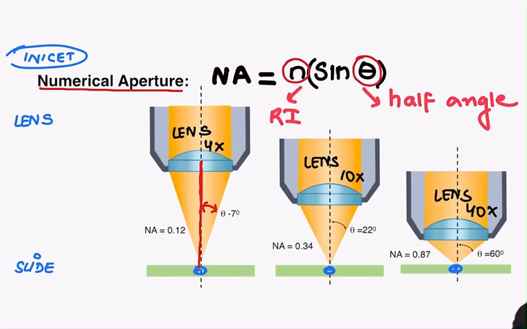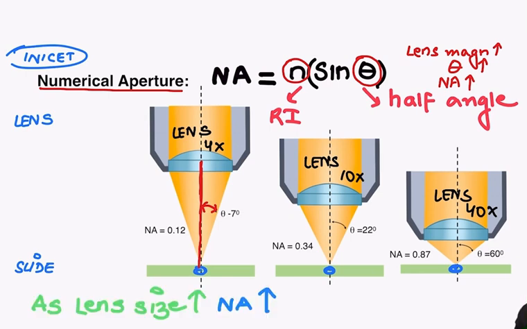So I understood that as the lens magnification is going to increase, the value of theta is increasing, and if the value of theta is increasing, automatically numerical aperture increases. So taking the starting and the last point tells me that as the lens size or the magnification increases, there is going to be an increase in the numerical aperture. Of course, this is a little bit of physics and maths involved, but I think this is more than enough to know for INICET.